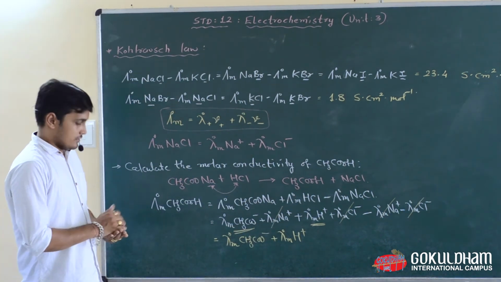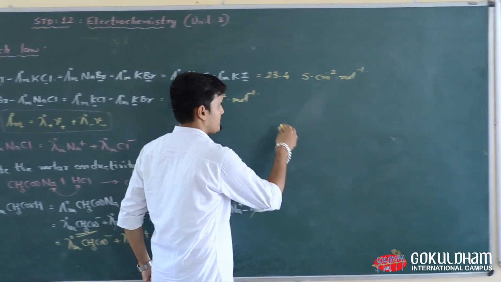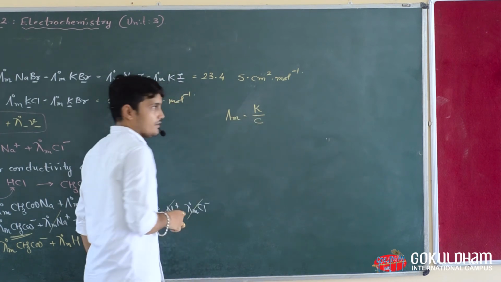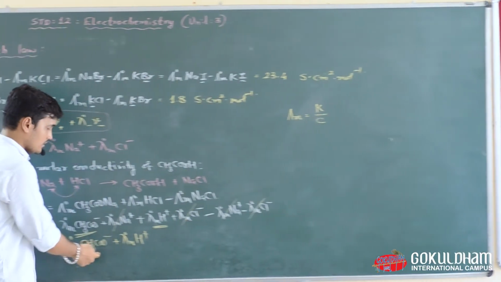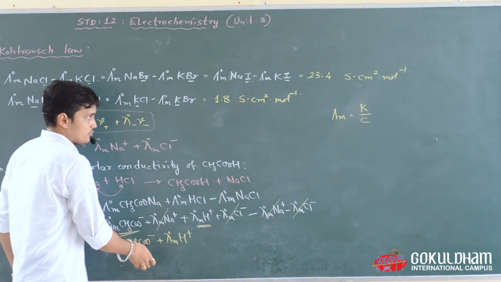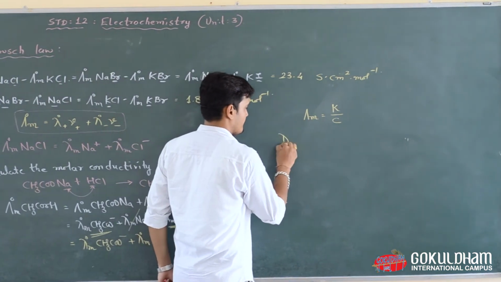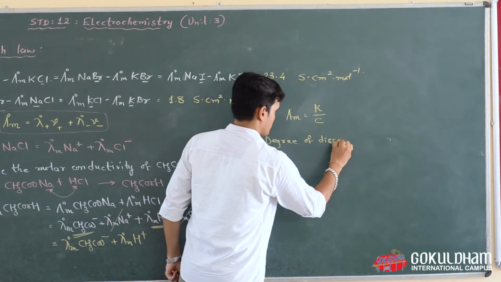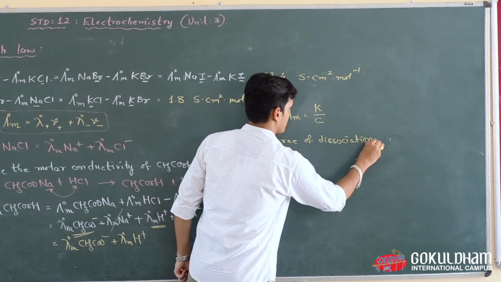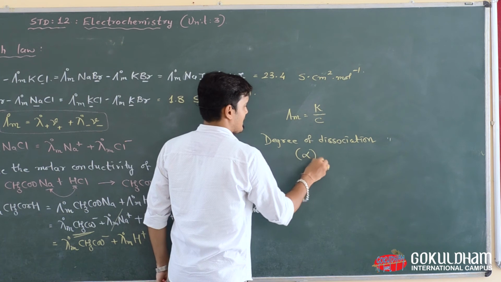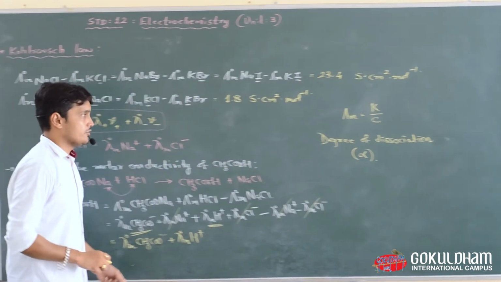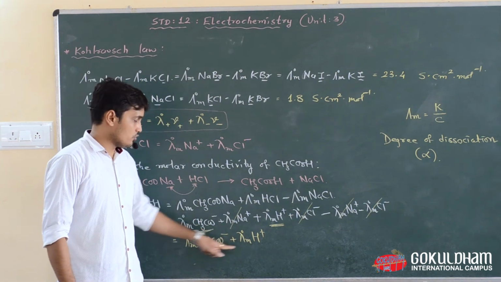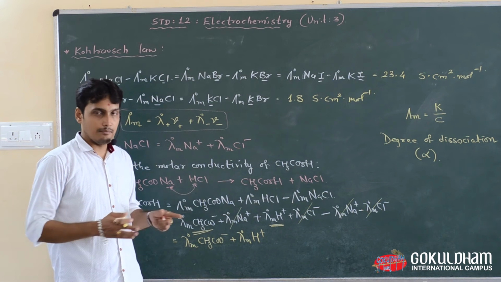Okay, the other two equations you have to remember. The lambda m is equal to K upon C, that is the first equation. Now this is the dissociation, so you have to remember the degree of dissociation, which is known as alpha. Degree of dissociation means what percentage of the positive and negative ions are separated.